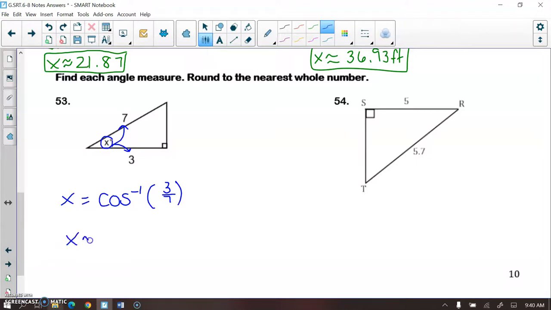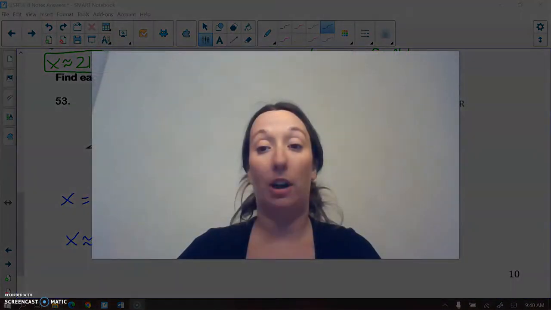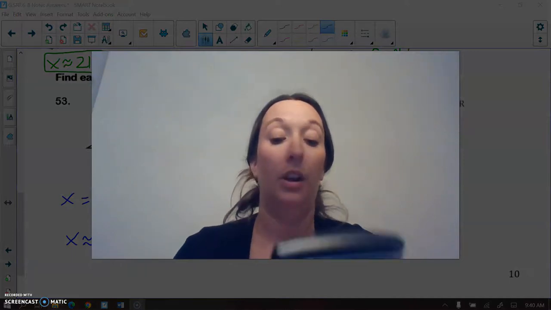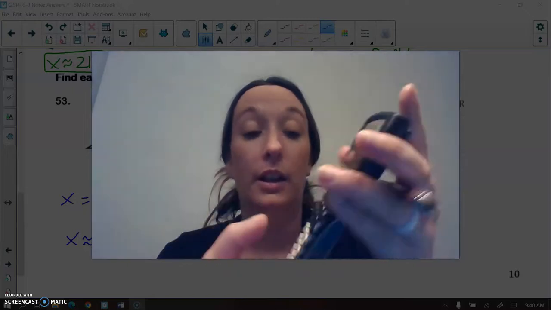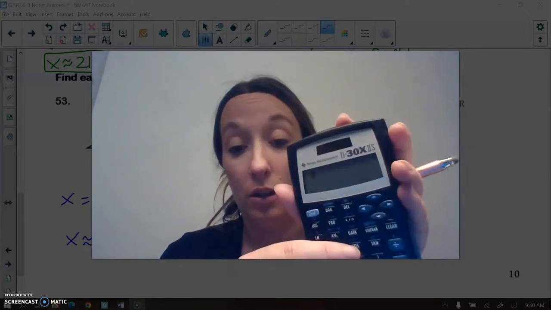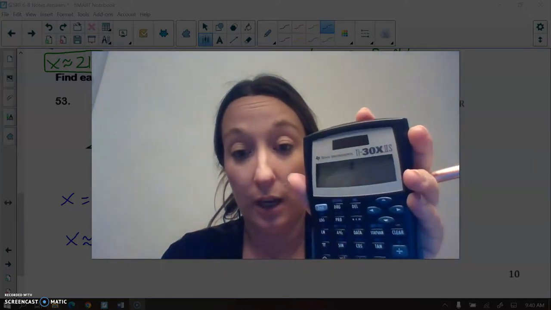It does say to round to the nearest whole number, so I'm going to show you how to type this into your calculator. So we would do the second button, then we would type in the cos button, cosine.